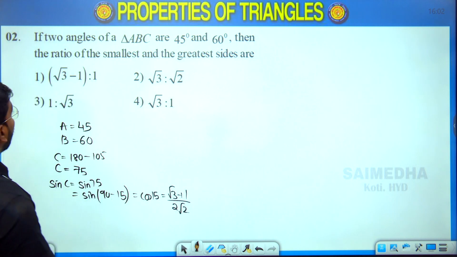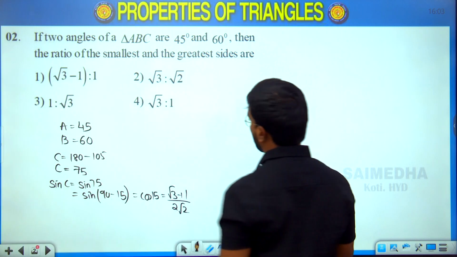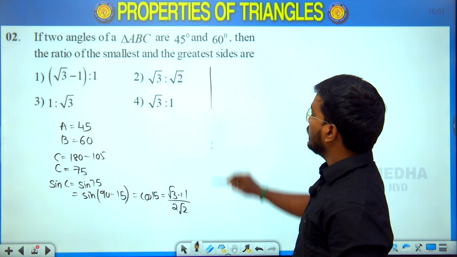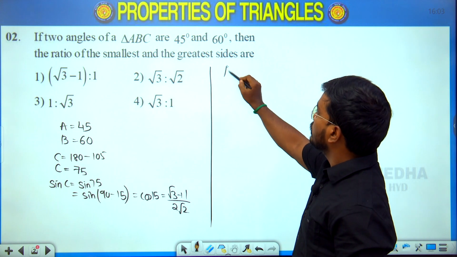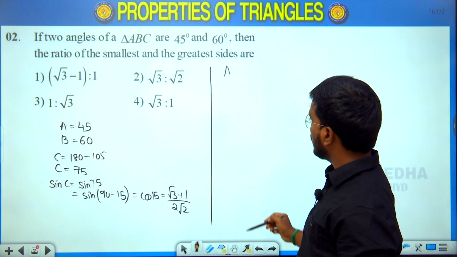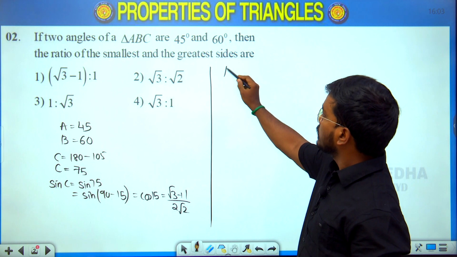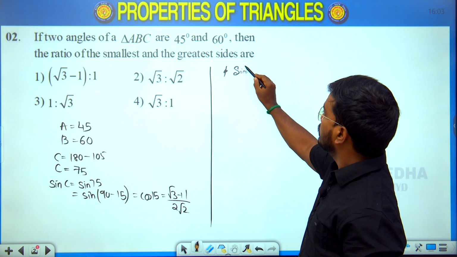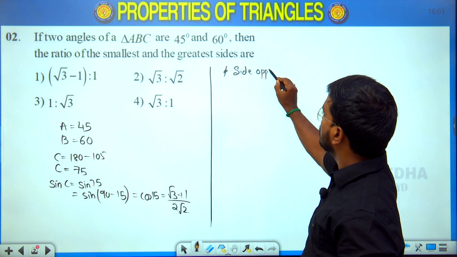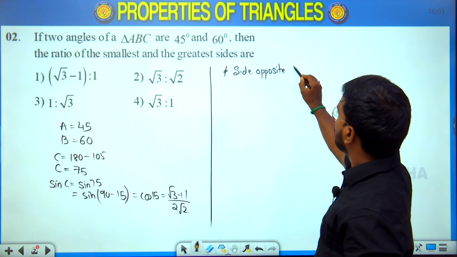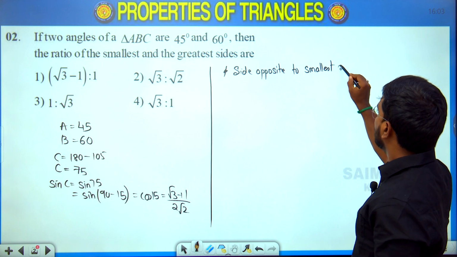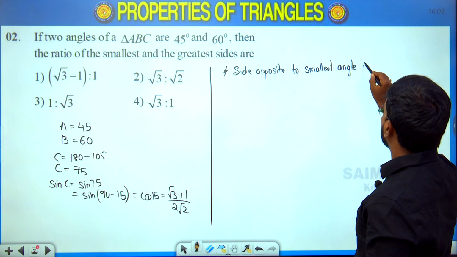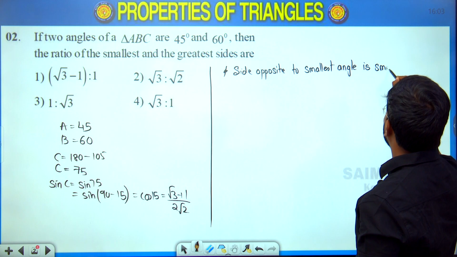Okay, continue. The ratio of smallest side to the greatest side is... The angle opposite to the smallest side is the smallest angle. You can write it like this: side opposite to the smallest angle is the smallest side.